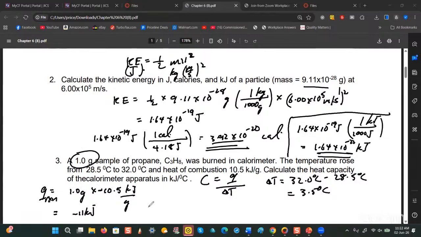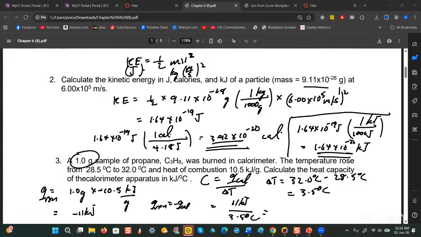Now Q of the reaction will be equal to minus Q of the calorimeter, right? And this is what we are using to determine C. So therefore C will be equal to 11 kilojoules divided by the change in temperature, which is 3.5 degrees Celsius. So let's see what that gives. 11 divided by 3.5.